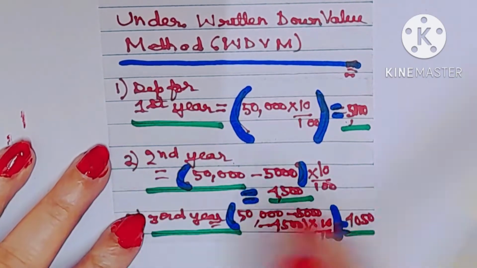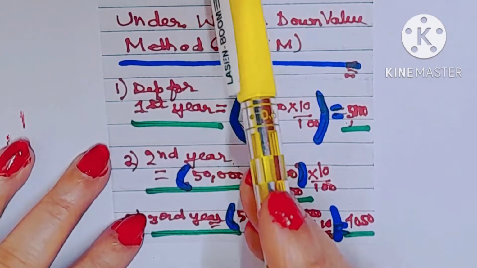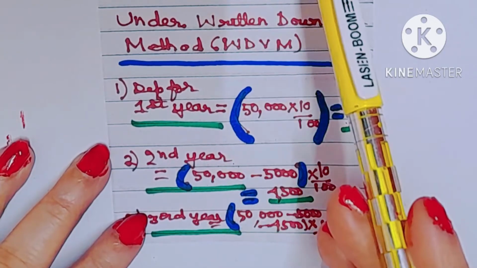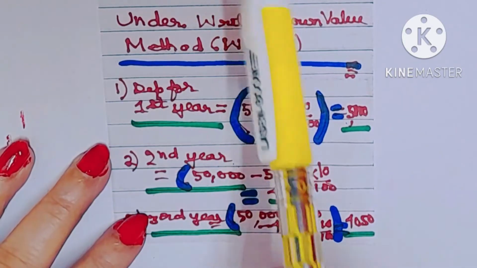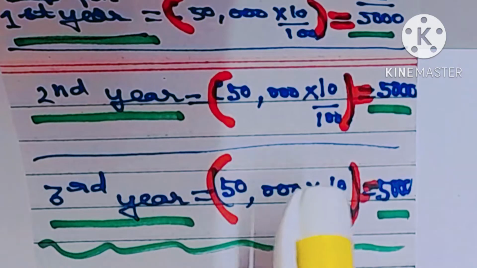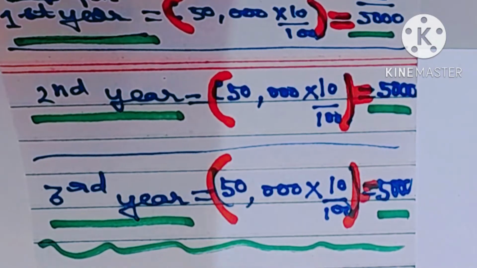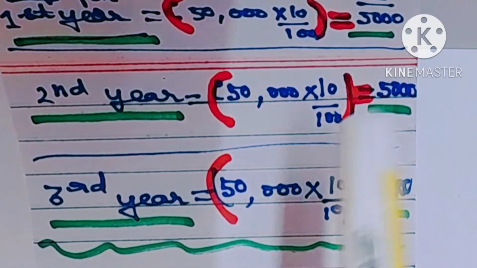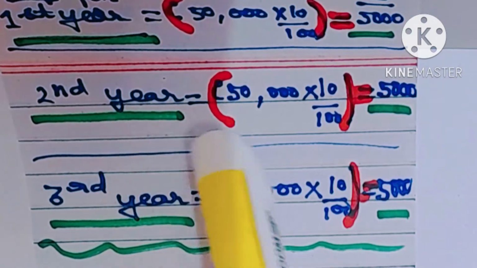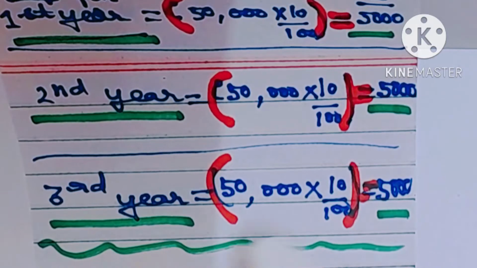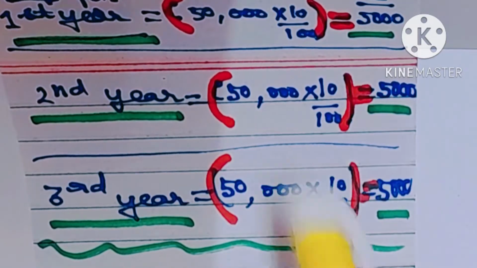Whereas in the straight line method, you charged 10% on the original cost of the plant and machinery, that is 50,000. Every year you charged 10% on the original cost. That is the reason depreciation for the first year, second year, third year under the straight line method was equal.